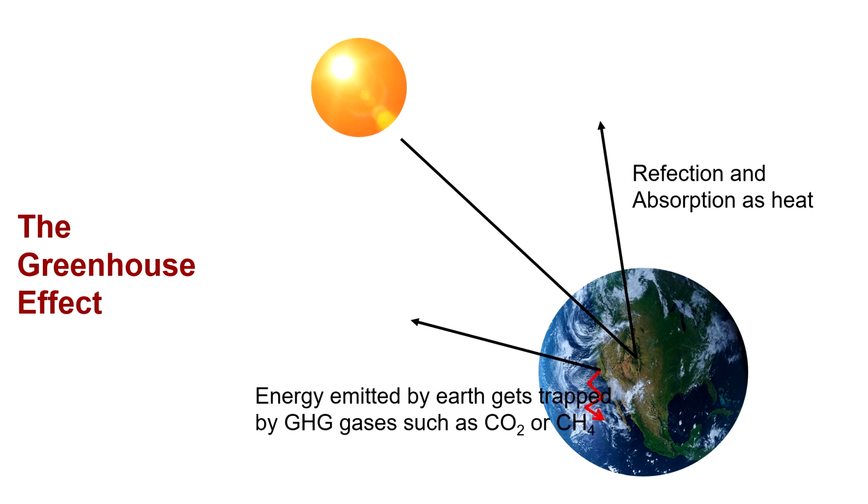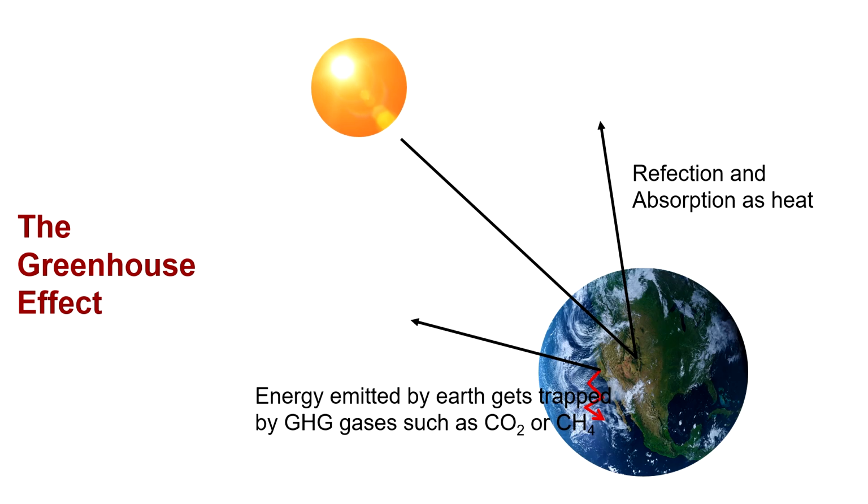The energy emitted is also trapped by gases present in the outer periphery of the atmosphere, such as carbon dioxide or methane. These molecules have a structure that lets them absorb infrared radiation, which is what is responsible for heat trapping.